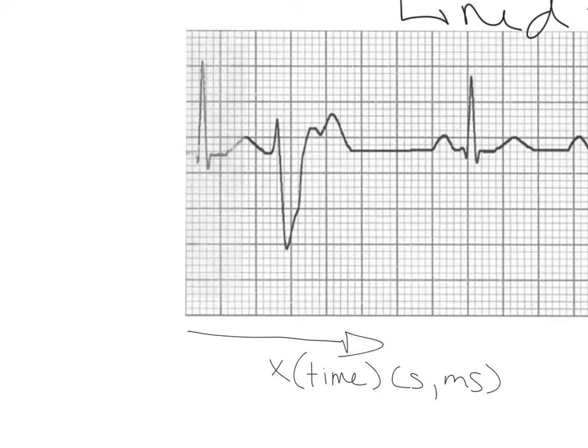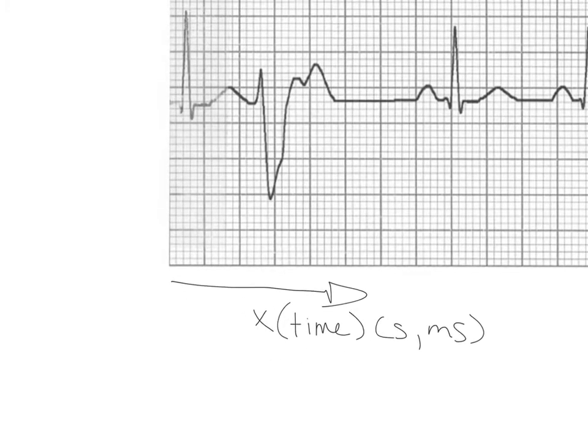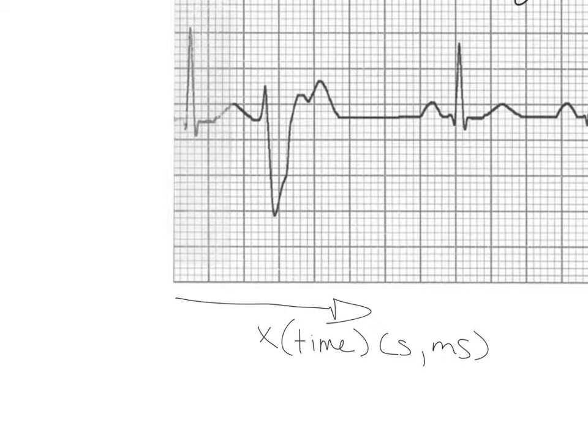So let's define some things, okay? If we're looking at the graph, I moved it up a little. Okay, let's look at the graph. You notice that we have a couple of small boxes. Give me a second. There you go.